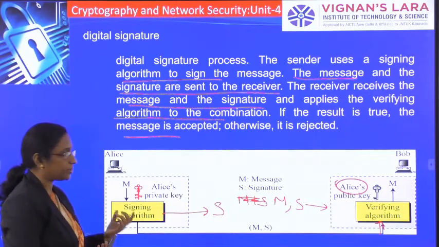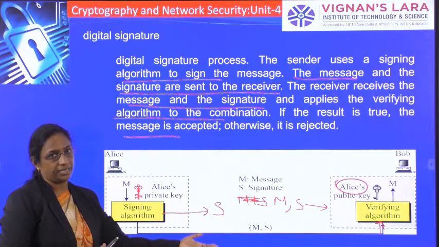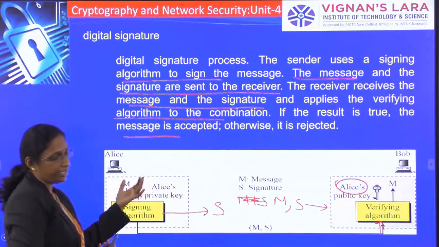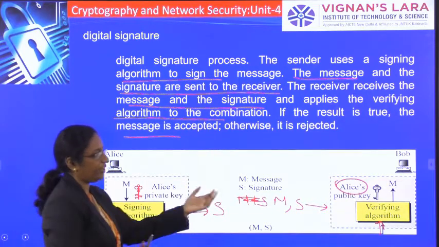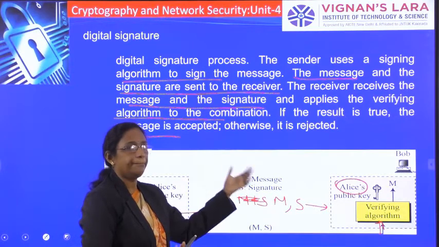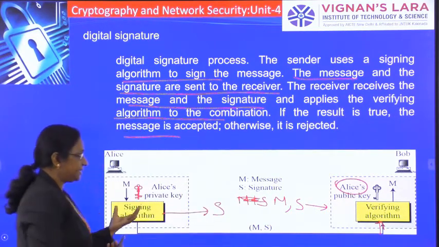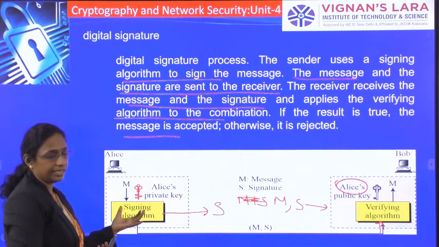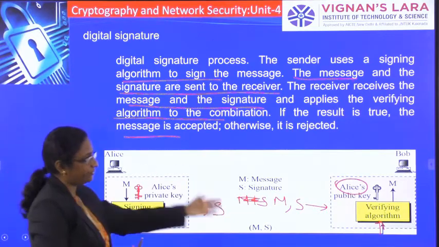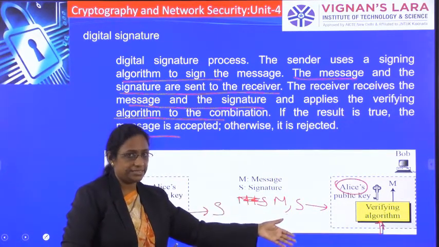So that is the digital signature process. It consists of a signing algorithm and a verifying algorithm. In the signing algorithm, the sender uses his private key, and in the verifying algorithm, the receiver uses the public key of the sender.